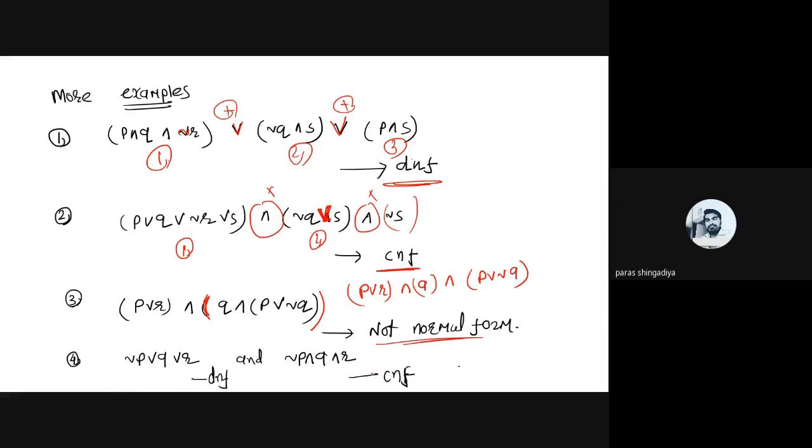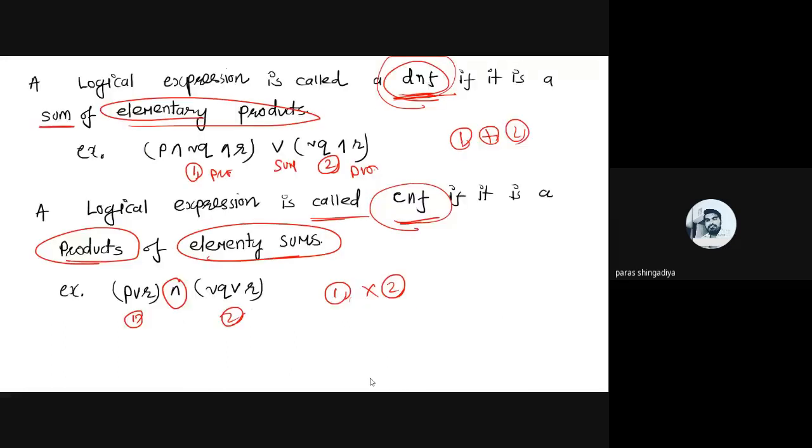That is called DNF, and that is called CNF. Is it clear to all? Condition of CNF and DNF. Is there any doubt to anyone? Is there any query?